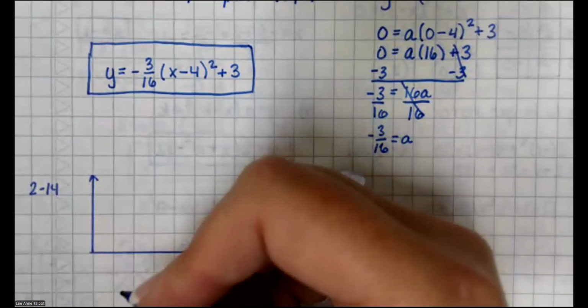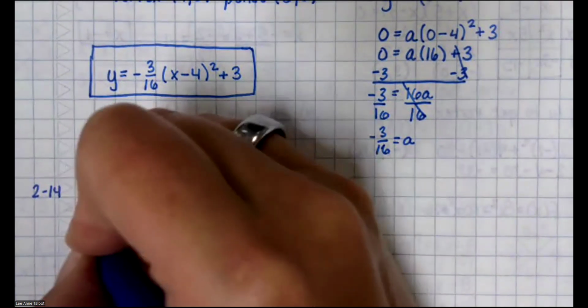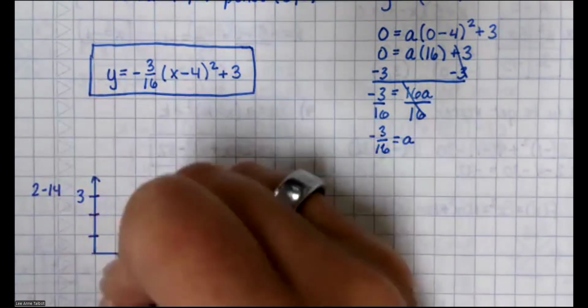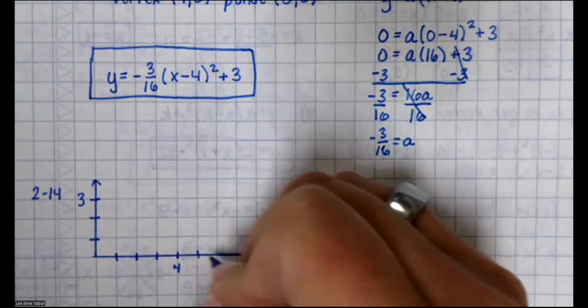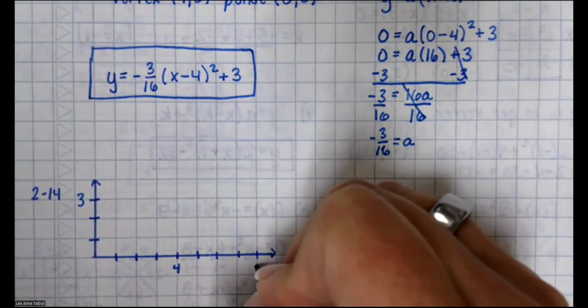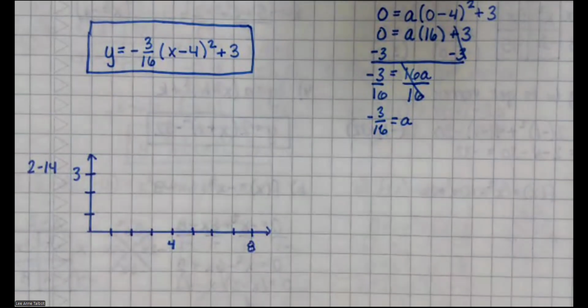So let's draw the picture, kind of. Don't draw it in yet, just draw the 3 and the 4 and the 8. Okay, so just leave it like that for a second.